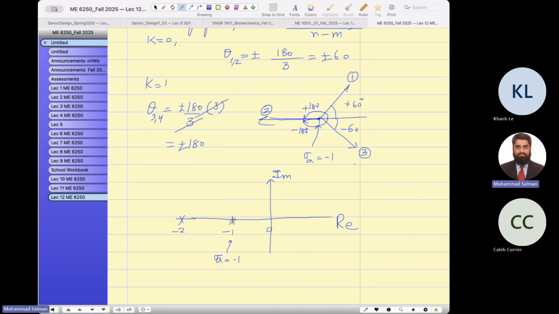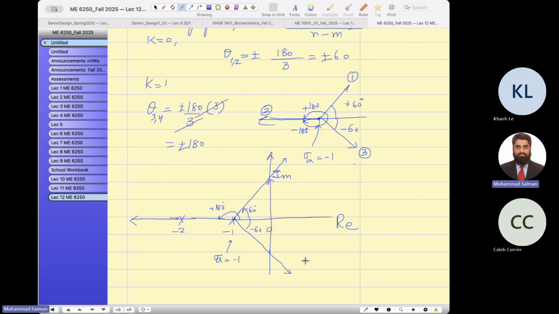So I'm going to draw a line here at 60 degrees, a line here at minus 60 degrees, and then I need to draw one line here at 180. So these are the three asymptotes. Agreed?